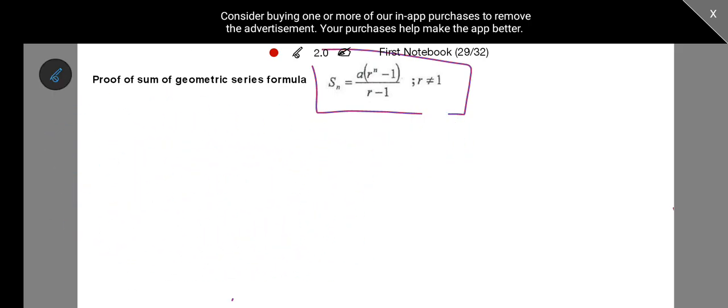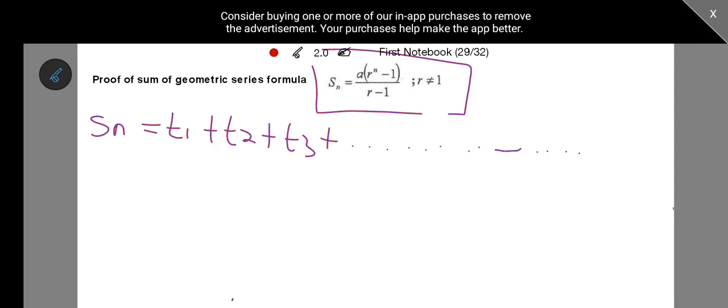So we're going to start. We're going to say that Sn stands for the sum. It's equal to T1 plus T2 plus T3, and they go further up until the last term, which is Tn. We said Tn stands for the last term. So Sn is equal to, what is T1? T1 is equal to a. What is T2? T2 is ar.